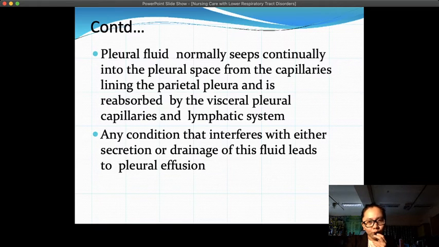So pleural fluid normally seeps continually into the pleural space from the capillaries lining the parietal pleura and is reabsorbed by the visceral pleural capillaries and lymphatic system. Any condition that interferes with either secretion or drainage of this fluid leads to pleural effusion.